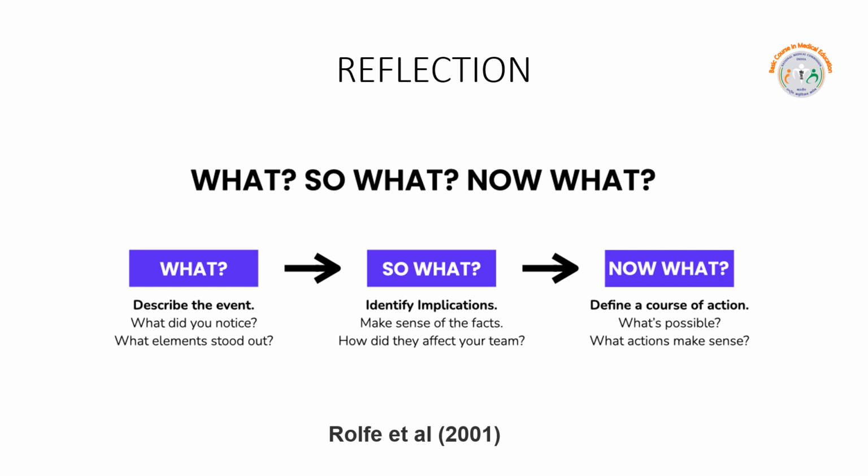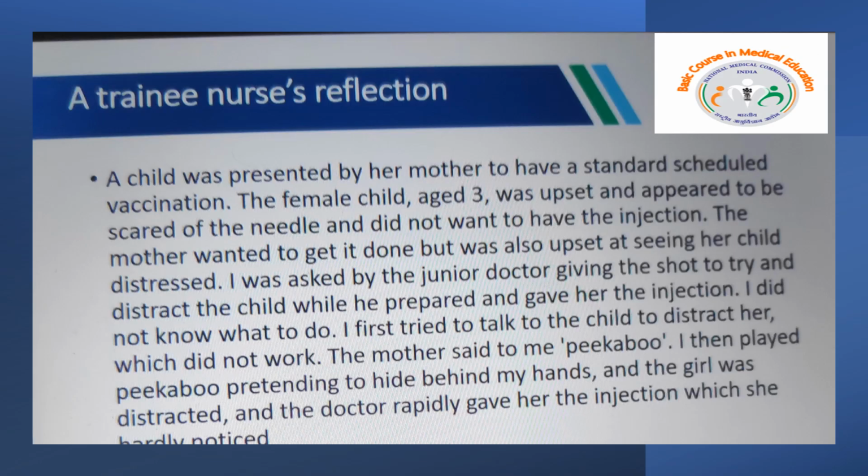First he will write what happened, describe the event; then so what, identify the implications of that event; and now what, define a course of action. So I have got this experience, this means this to me, and my future actions will be influenced in this way by this experience. So this is a reflection writing way.